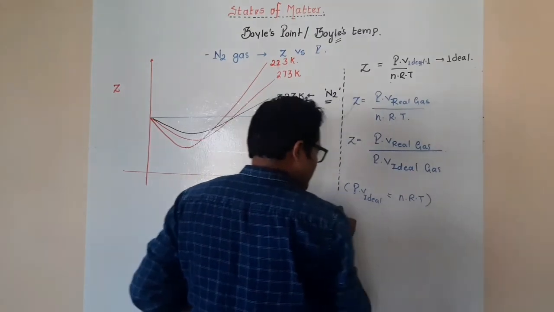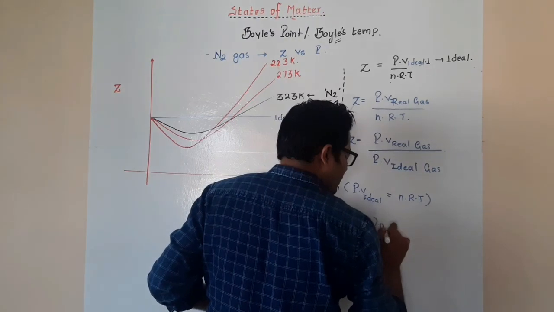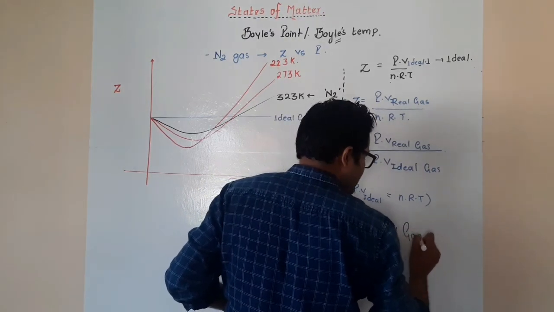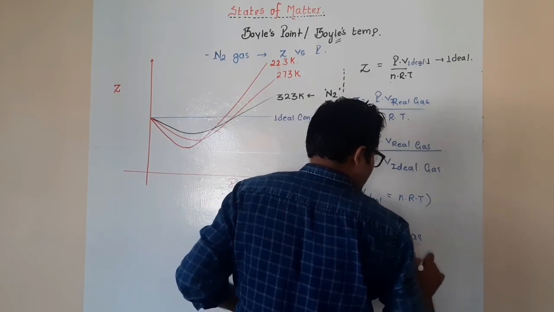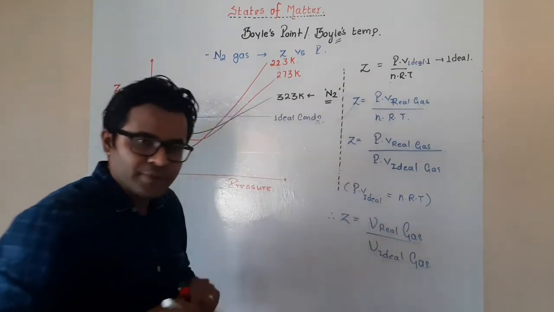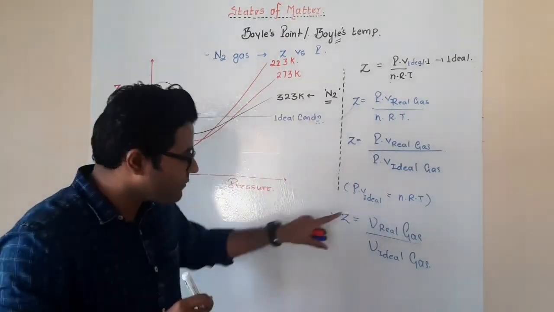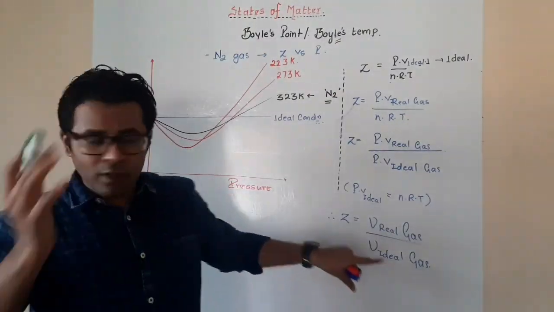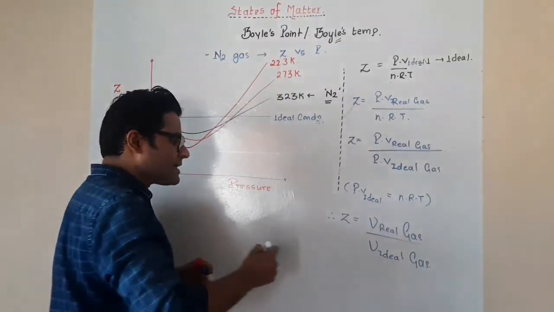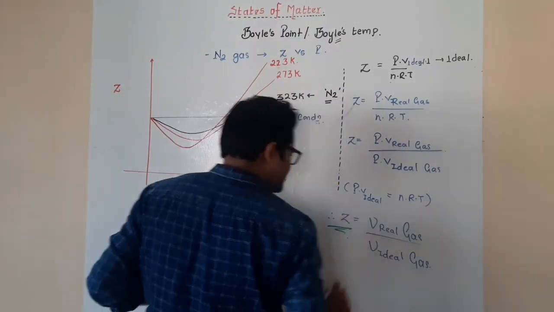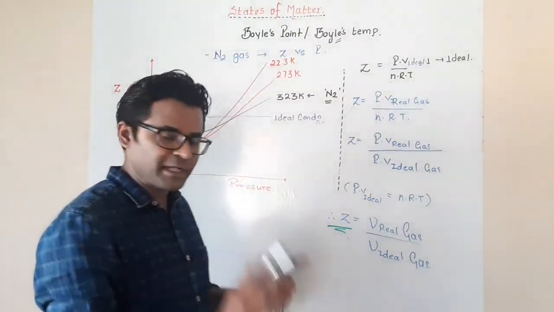Therefore, we can write Z is equal to V of real gas divided by V of ideal gas. At this condition, we can also define the compressibility factor with respect to volumes. The volume of a real gas to the volume of an ideal gas is called the compressibility factor, at that particular temperature and pressure.